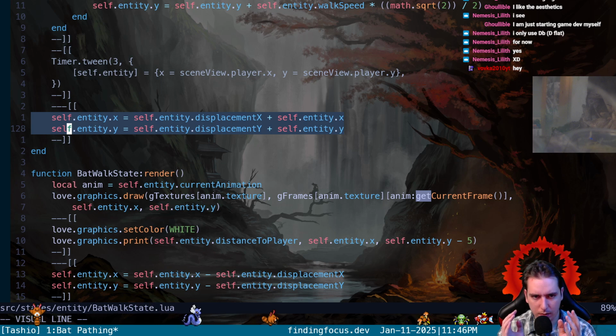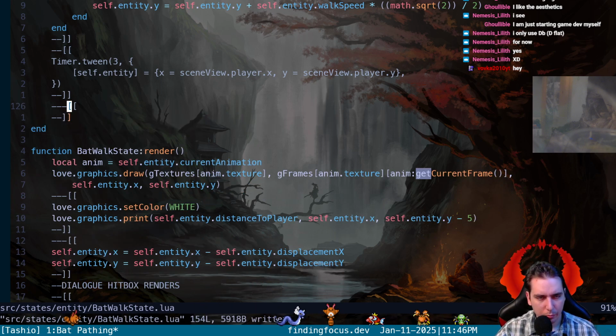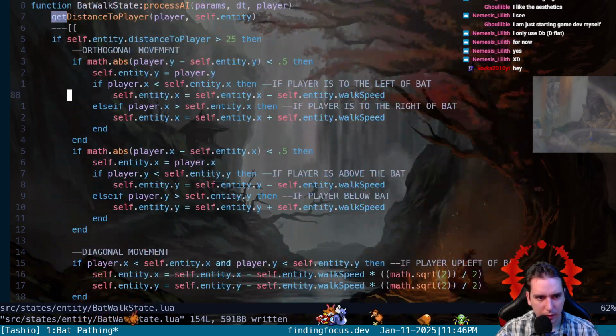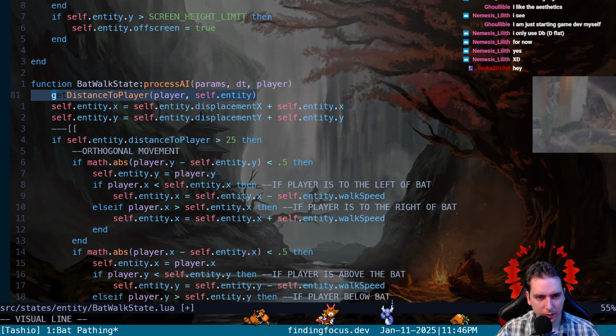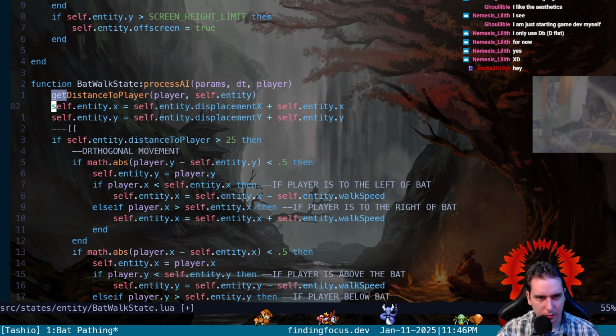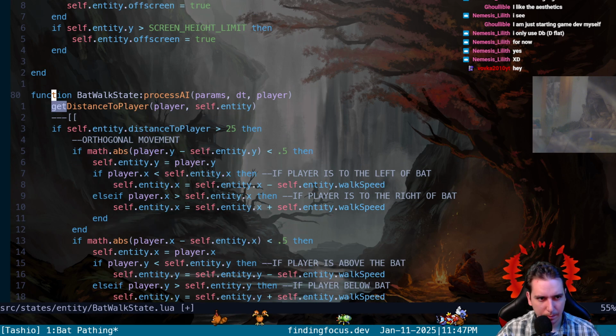And then, okay, you know what? I think we might need this displacement before we check any of the movement stuff. So we calculate... And this stuff might go in the update function.